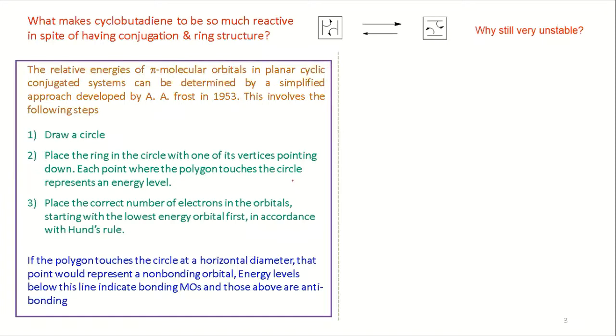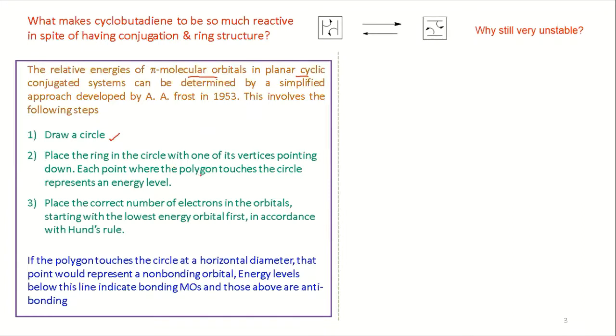How many orbitals will be there and how they will be placed in increasing order of energy. The relative energies of pi molecular orbitals in a planar cyclic conjugated system can be determined by a simplified approach. First, you make one circle.